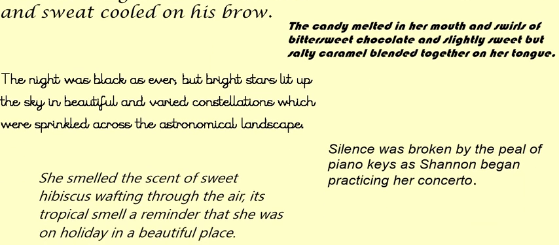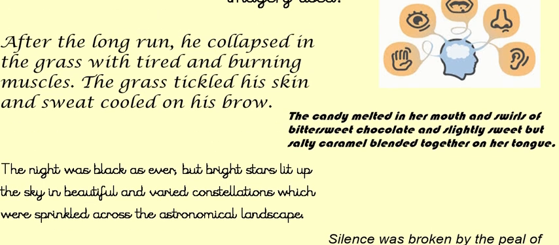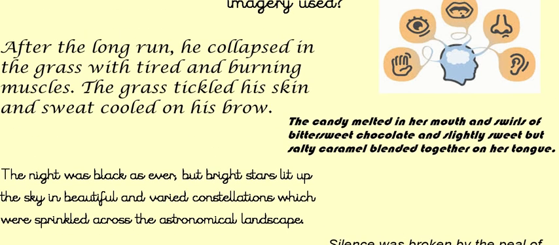Okay, the night was black as ever, but bright stars lit up the sky in beautiful and varied constellations, which were sprinkled across the astronomical landscape. What do you think that one's, what sense could that be? Of course, that is seeing. Seeing the stars lit up in the sky.